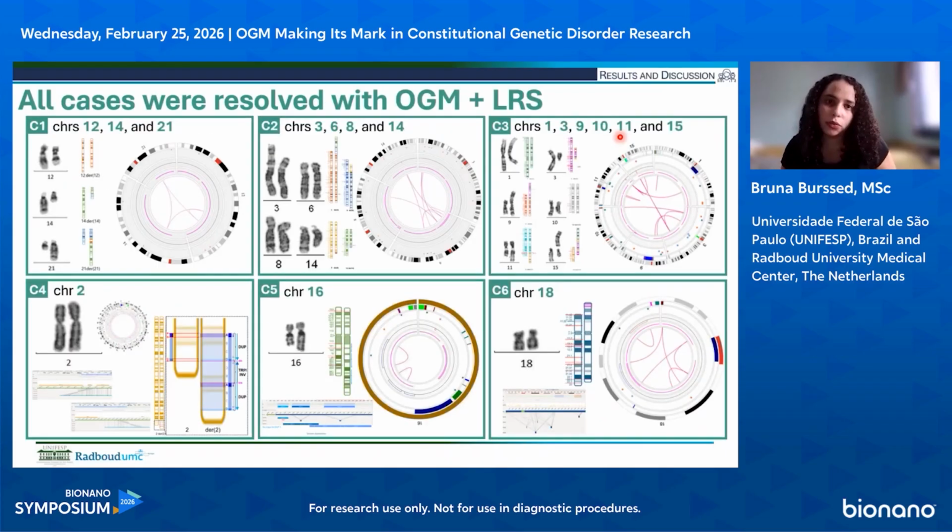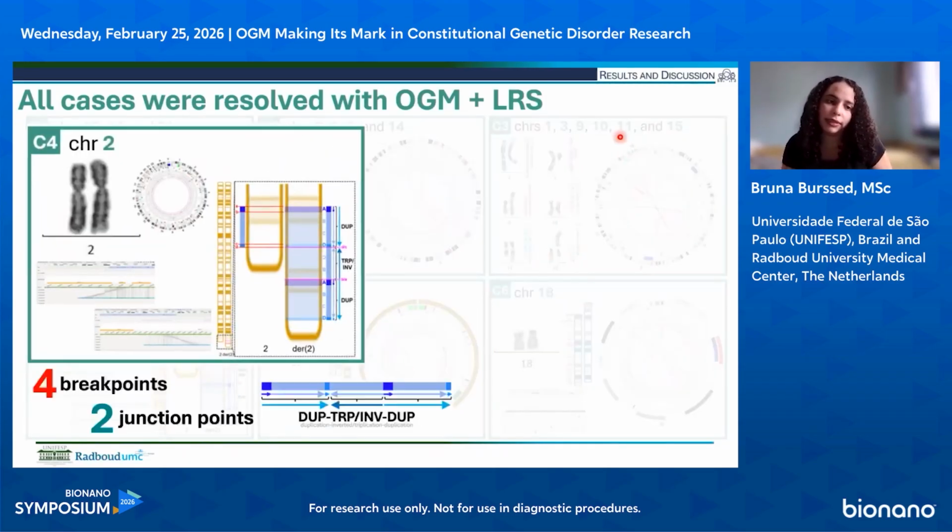All 6 cases were resolved with optical genome mapping and long-read sequencing. I'd like to highlight very quickly just some of them. Case 4 was the one that presented the least number of breakpoints and junction points, 4 breakpoints and 2 junction points. Despite that, this case presented a complex rearrangement known as duplication, inverted triplication, duplication.